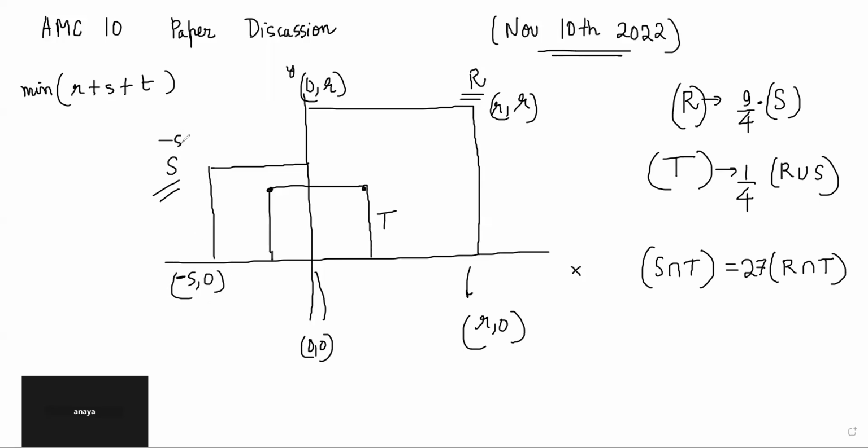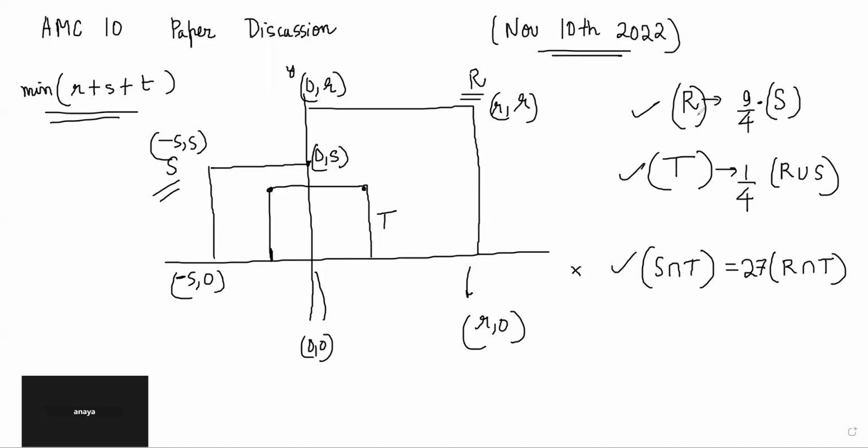This is minus S comma S. This is 0 comma S. We don't know where the T is, but we have to find out the length of T and we have to find out this value. We have this data.